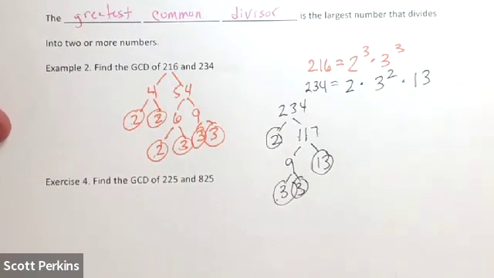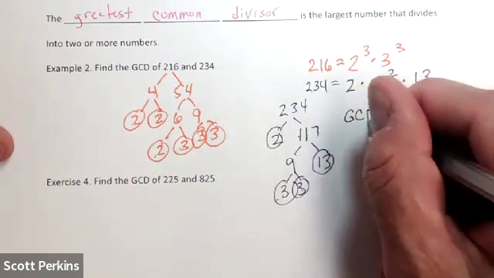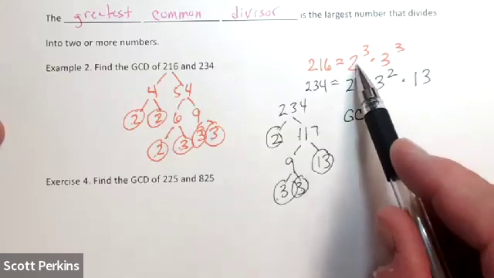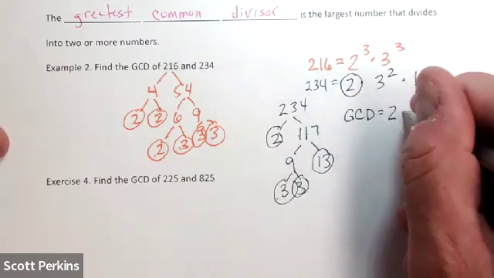So I want the greatest number that divides into both. It's called the greatest common divisor, GCD for short. To find the greatest common divisor, what you do is you take the smallest power of each number. So for my greatest common divisor, they both share a 2, so I'm going to take the smallest power of 2, so just 2.